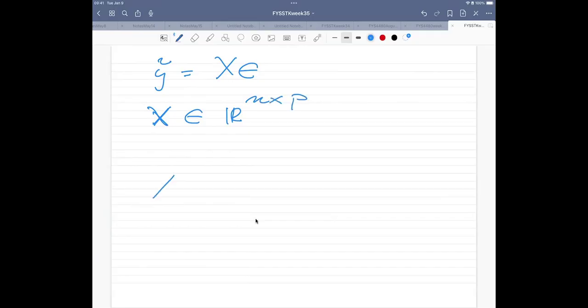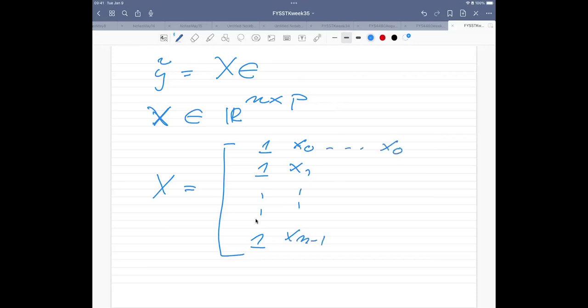It is given by 1 for the intercept, and then the next column has x0 to the power of 1, x1, down to x n minus 1, and then it continues to x0 to the power of p minus 1, x1 to the power of p minus 1, down to x of n minus 1 to the power of p minus 1.